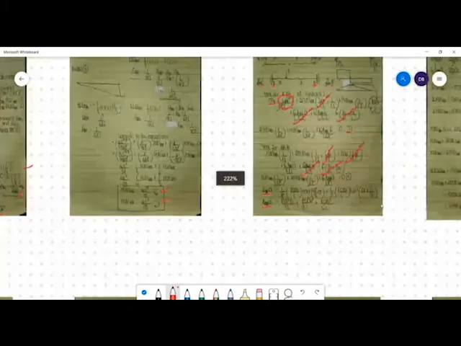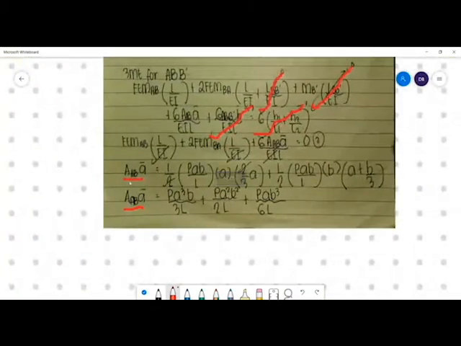And then the area of AB multiplied by the centroid with respect to A, or from the left, is equal to 1/2 times PAB over L times A times 2/3 of A plus 1/2 times PAB over L times B times A plus B over 3.